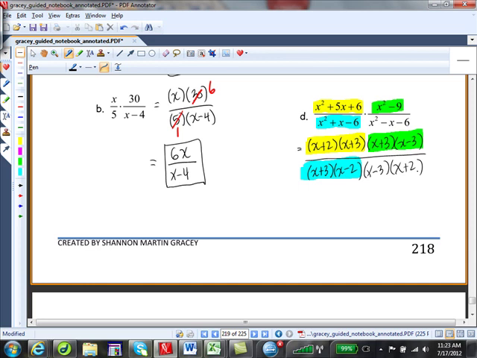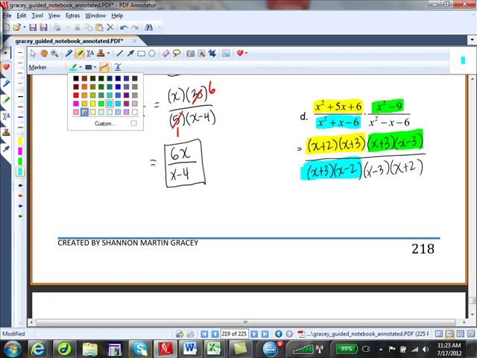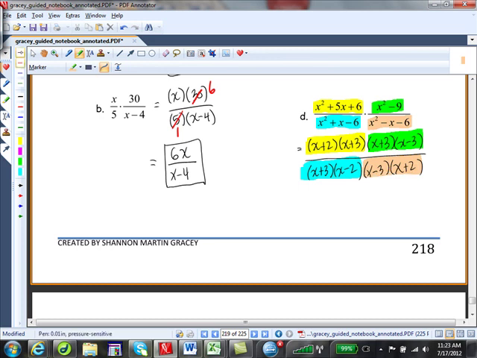Alright, let's get a different color. There we go. Okay, so now we can have a dividing out bonanza. I've got 1 factor of x plus 2 that I can divide out. I can divide out 1 factor of x plus 3.